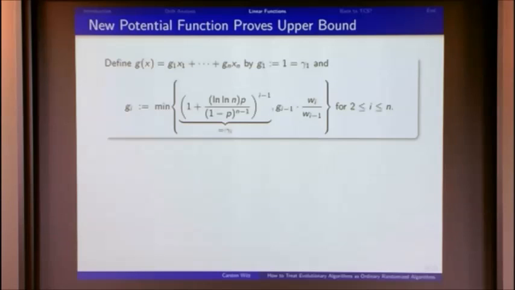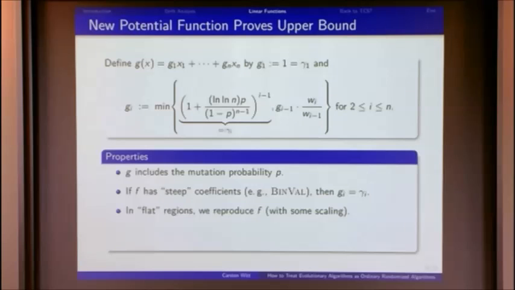So what goes into the potential function is the mutation probability and also the original weights of the linear function. And then we get this behavior that if the function has steep coefficients, then we also have exponentially increasing coefficients, but with a much smaller base. If we have something like 1 max, then the potential function would be 1 max. We reproduce the original function in that case. Then we get the multiplicative drift we would like to have.